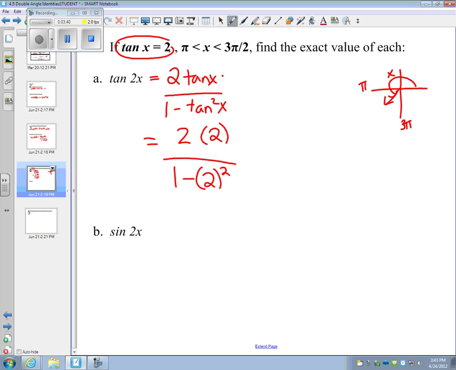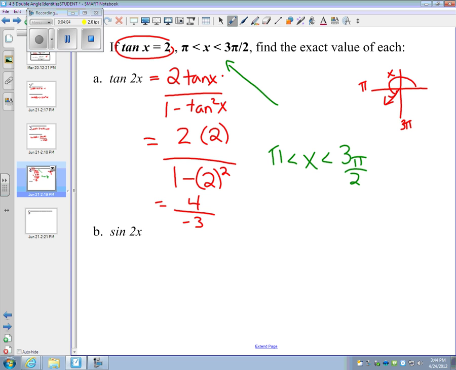Okay, this simplifies to 4 over 1 minus 4. So 1 minus 4 is negative 3. So negative 4/3. Whenever we do this, though, we have to look at this analysis. Okay, so we said x is between pi and 3 pi over 2. I just got that from right there.